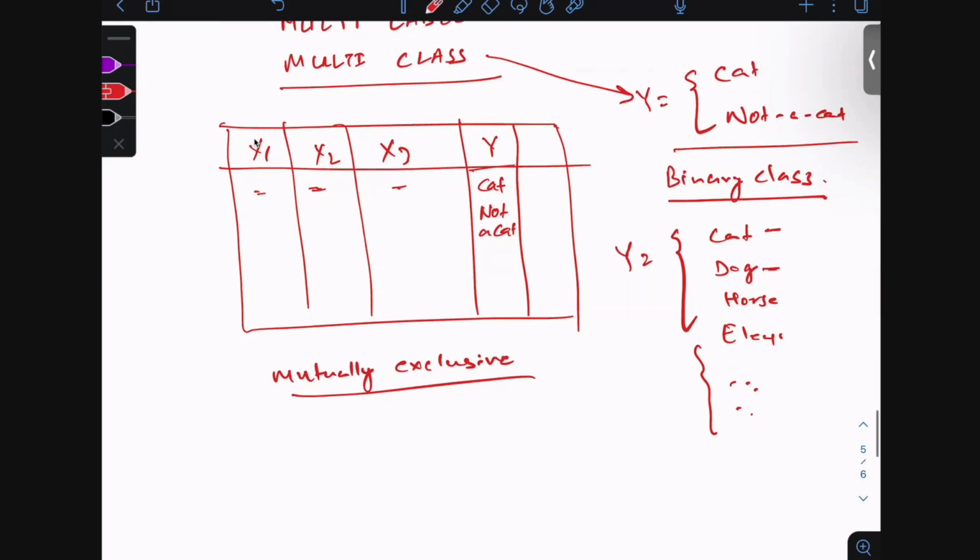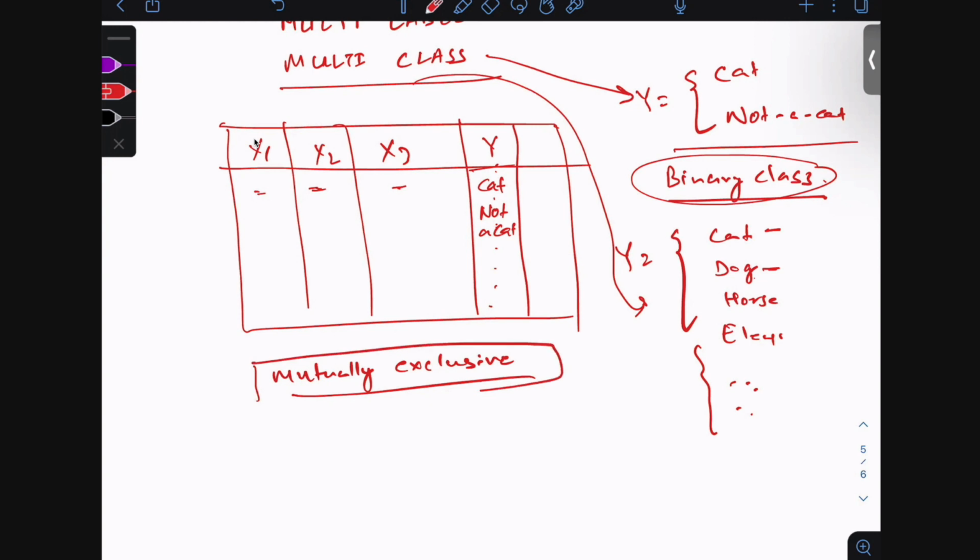In this case, this truly becomes a multi-class problem. Why is it multi-class? Because the number of categories for my y variable or my label is more than two, not binary. There are cat, dog, horse, elephant, different things, but all of these are mutually exclusive. So at the time of prediction, I will predict only one of them, either a dog or a horse or an elephant.